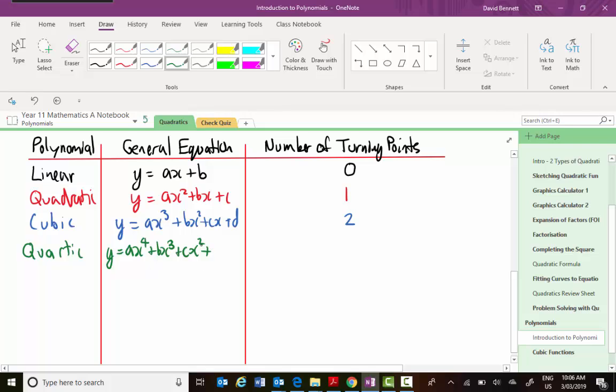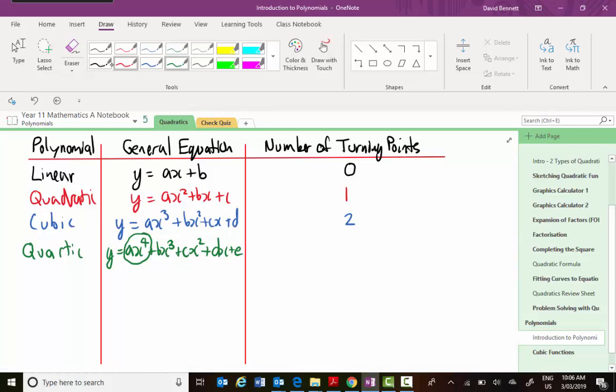The leading coefficient is the thing that's important. It's that first one that makes it a quartic. So let's finish off with dx plus e. You get the idea.